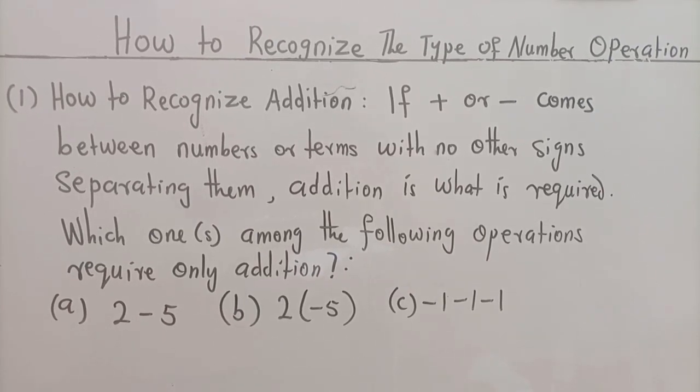Now let's turn attention to addition. How do we know that a particular number operation given to us will require addition? It says, if plus or minus comes between numbers, or comes between terms, with no other signs separating them, what is required is addition.